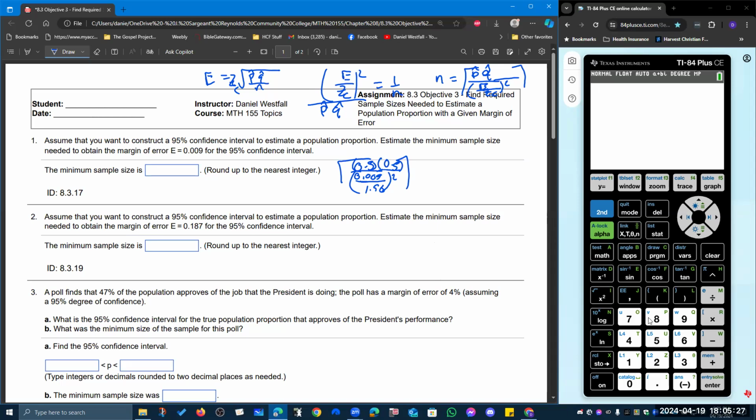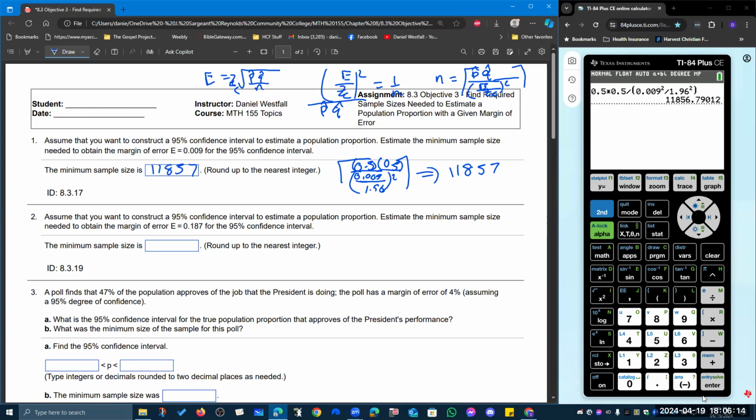So we're going to take 0.5 times 0.5 divided by the quantity 0.009 over 1.96, squared. And that's going to translate to 11857.